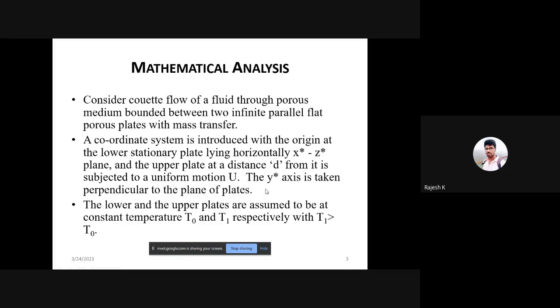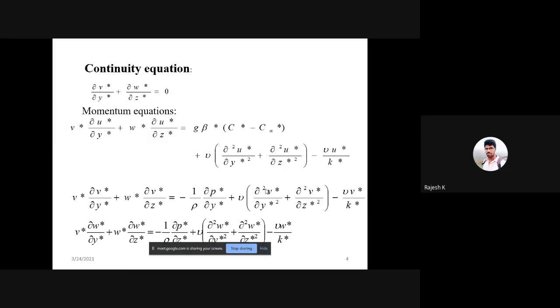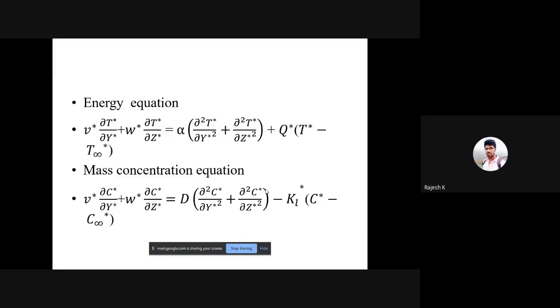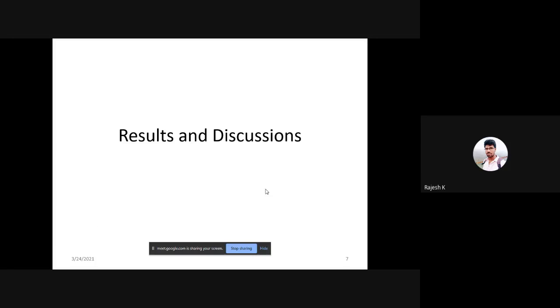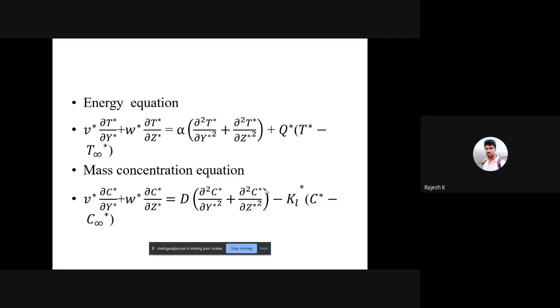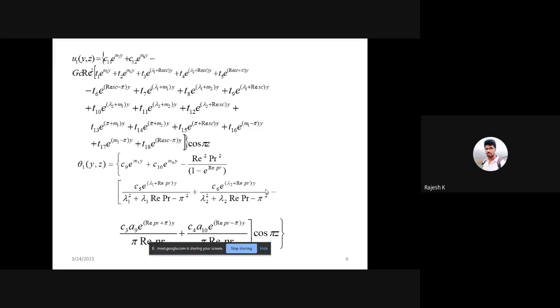So this is my mathematical analysis. These equations have been considered: the continuity equation, momentum equations, energy equation, and mass concentration equation. Solving these equations, I get my velocity, temperature, and concentration results.